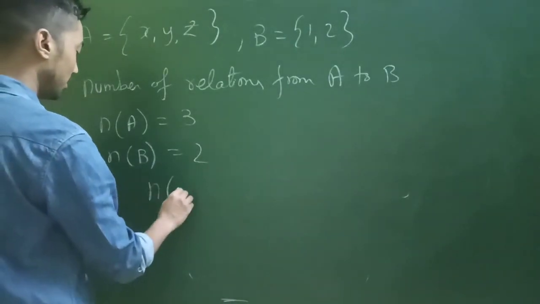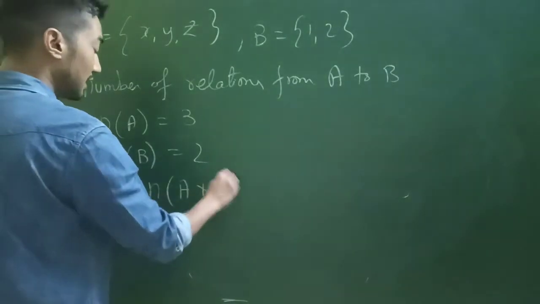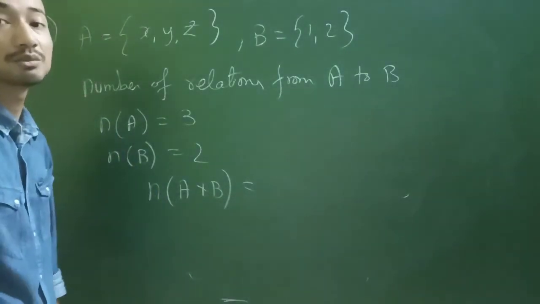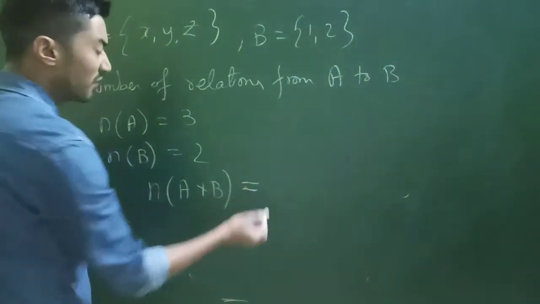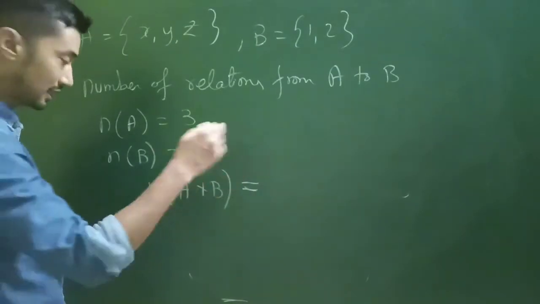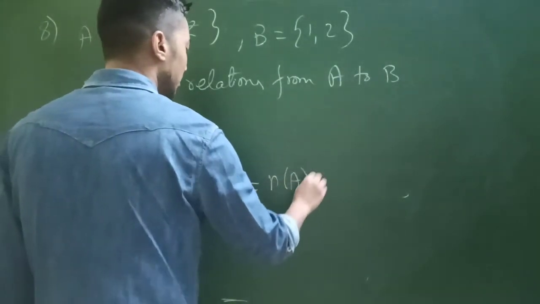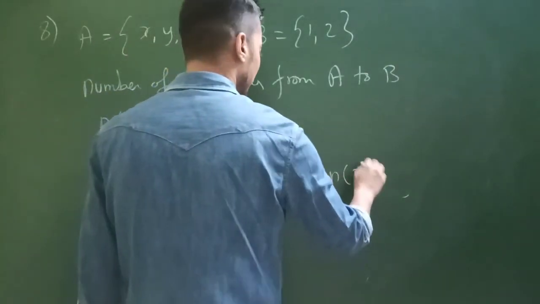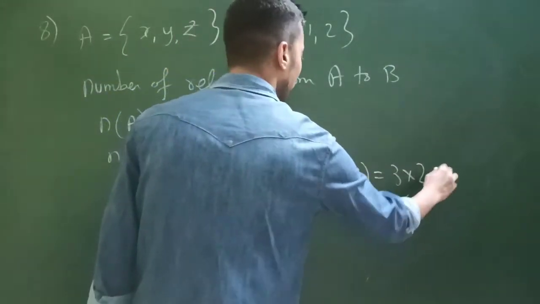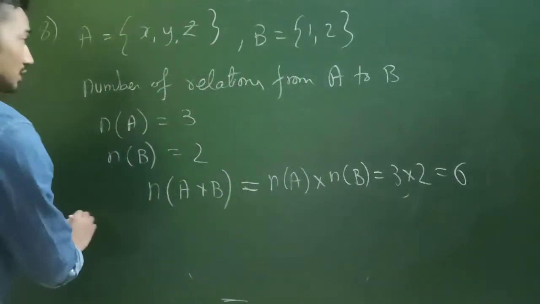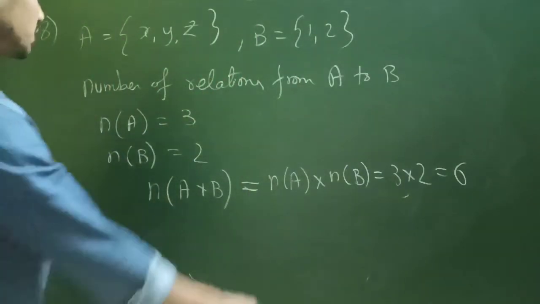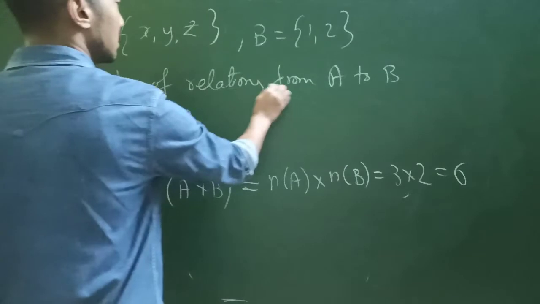So what will be the number of elements in A cross B? It will be the number of elements of A into the number of elements of B. So that is 3 into 2, which is 6.